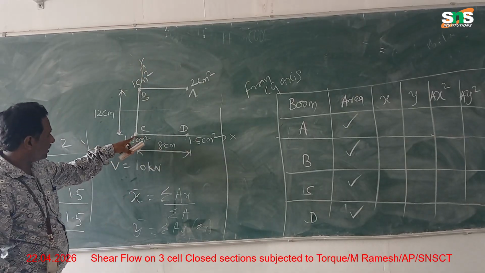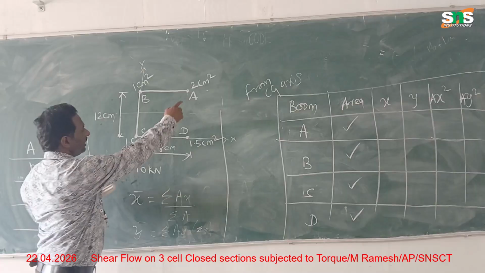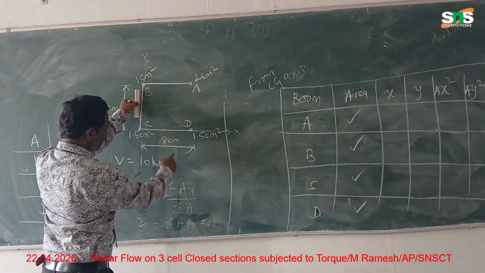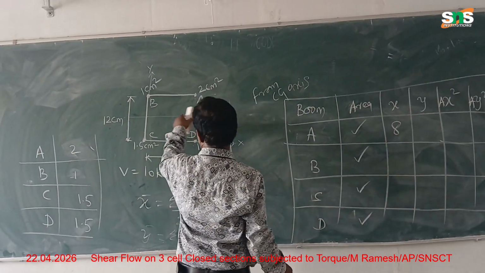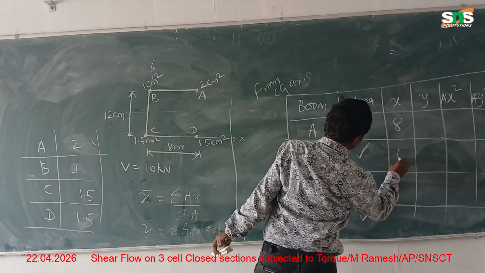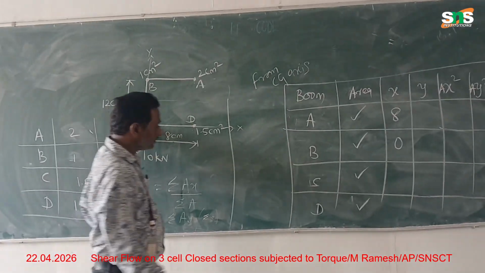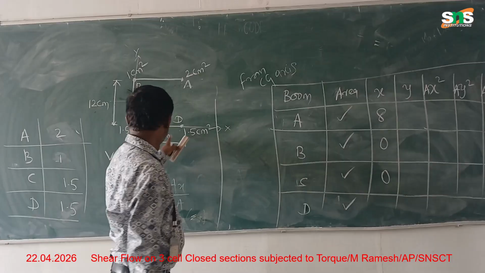From this point, I can take the x y values for A. So what about the x value? This is 8 cm, so x equal to 8 here. And what about B? It is 0. At C, it is also the same, x equal to 0, as well as at D, it is 8.